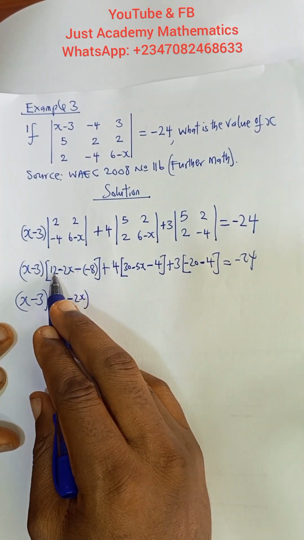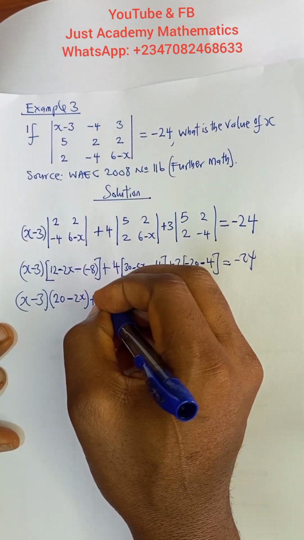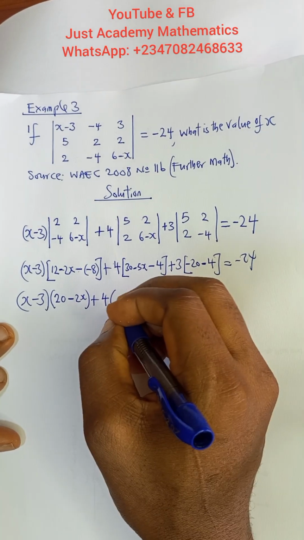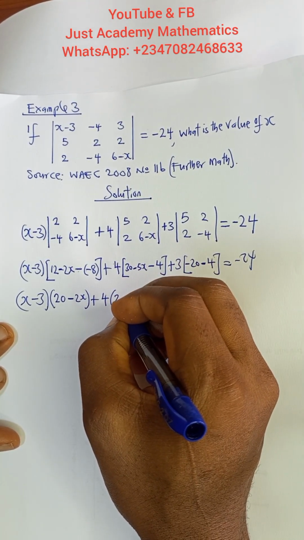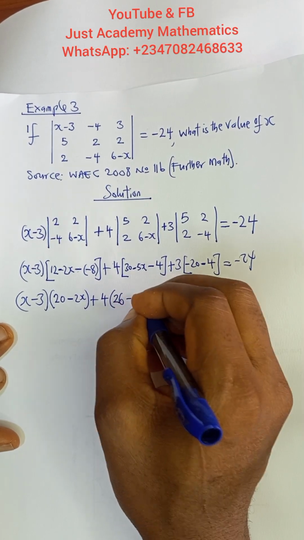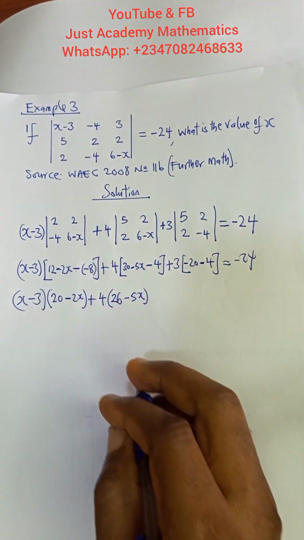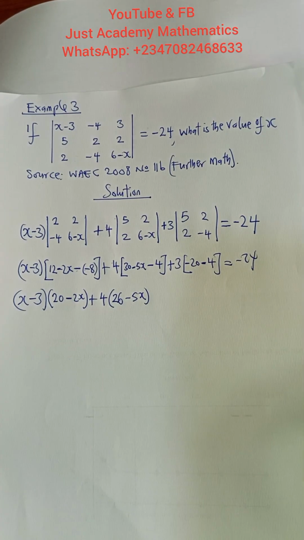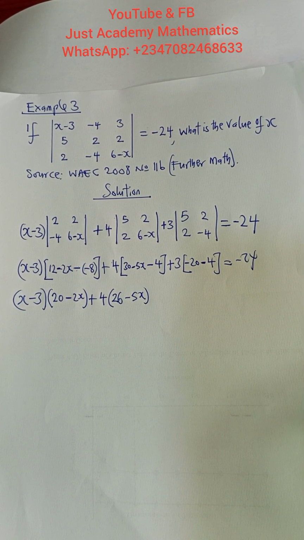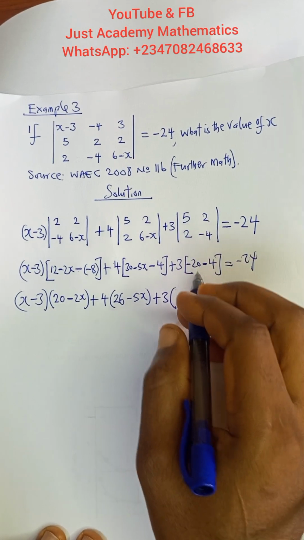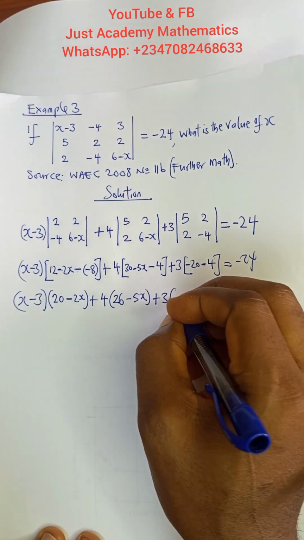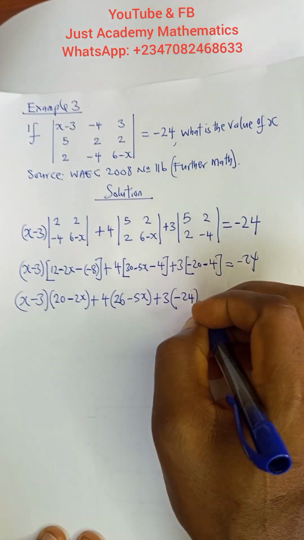Then plus 4 times 30 minus 4, which is 26 minus 5x. Are you with me now? Now the next one will be plus 3 times minus 20 minus 4, of course, minus 24, is equal to negative 24.